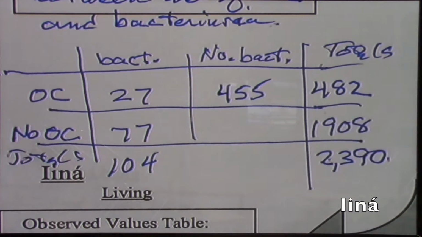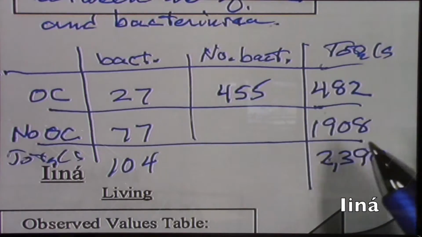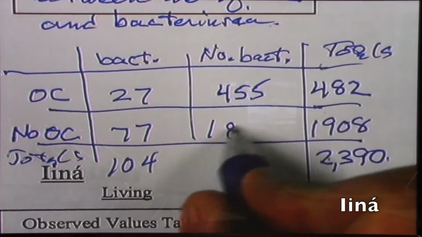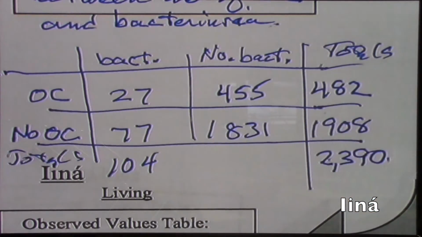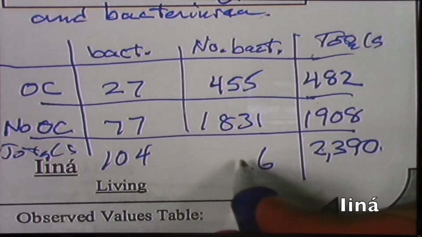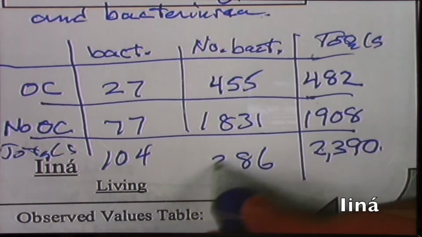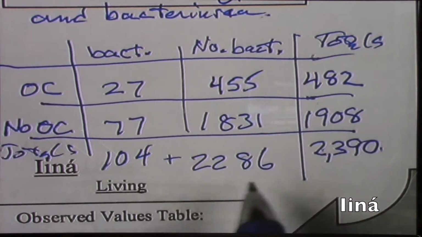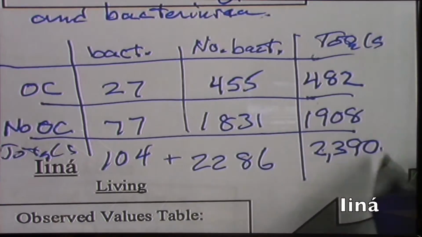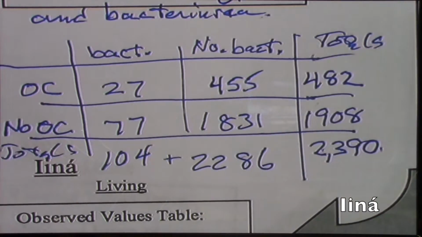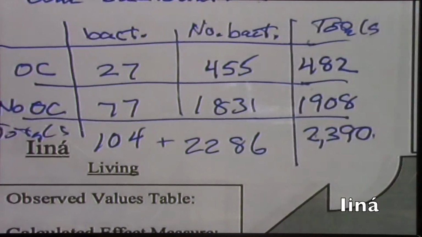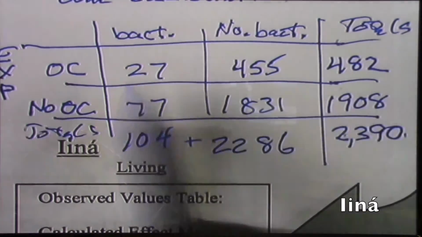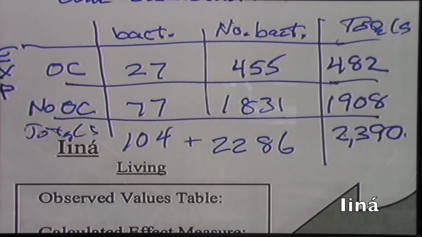And if you subtract the 77 from the 1,908, you'll get 1,831. Again, you can get that total. Then make sure that the 104 plus the 2,286 does in fact give you 2,390, and then you'll know that all of the numbers in this table are exactly correct because they add up in all possible different ways.